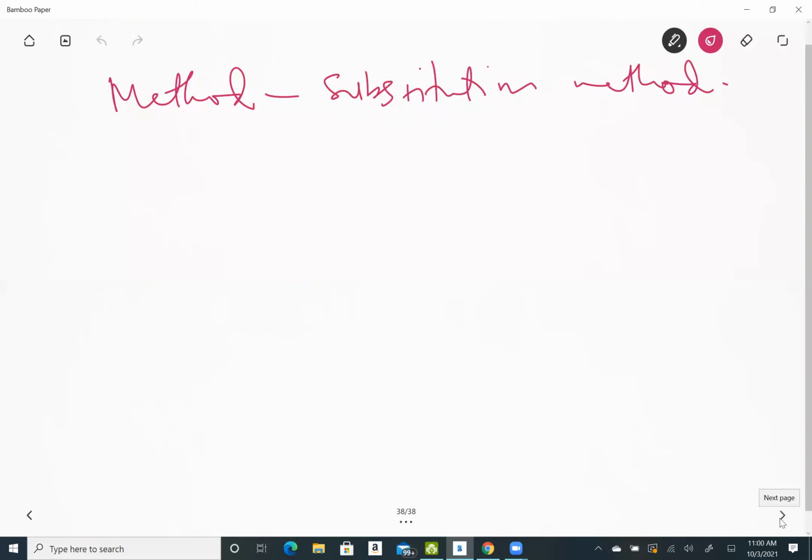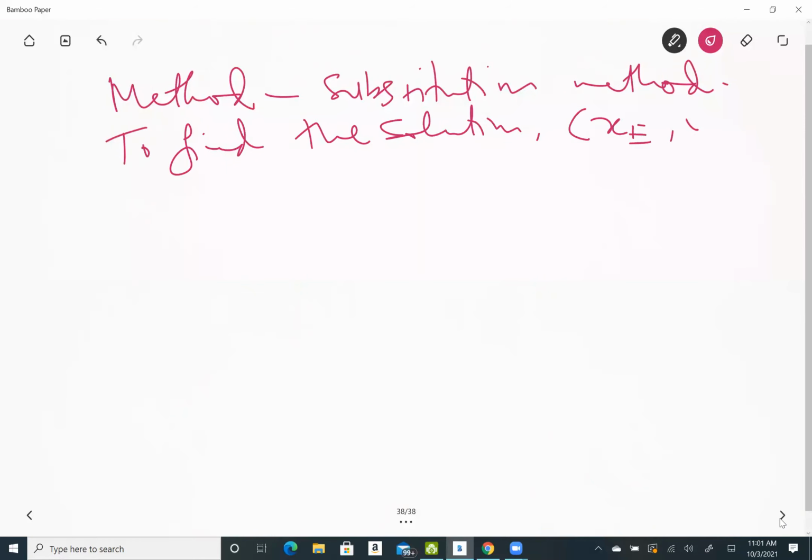So given the system, 1 and 2, you want to find the solution. That means the point of intersection, which is (xE, yE). So you want to find the point E. So what you do is substitute.